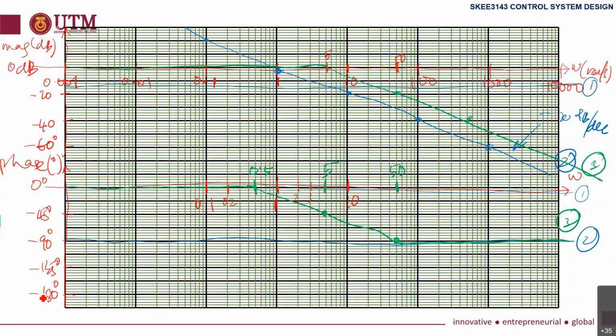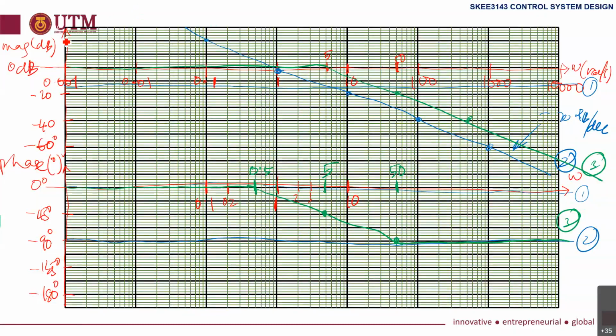Let's see here at 0.1, because 0.01 would need a larger scale. At 0.1, we have three components. Component 1 is 0. Component 3 is 0.